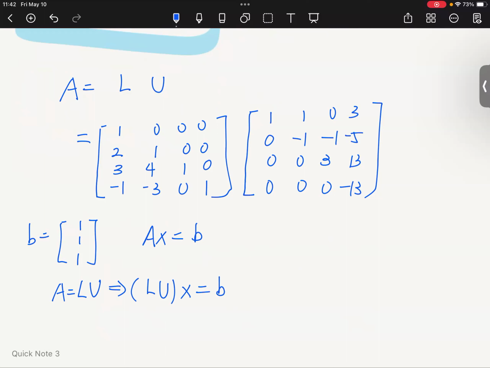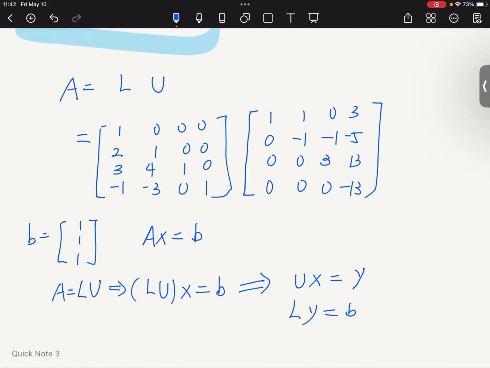And now I'm going to change this linear system of equations into two parts. The first part is I will let UX equal Y. And then I have L times Y equals B. Does that make sense? Because this is matrix and vector multiplication, I can do this multiplication first: U times X first.